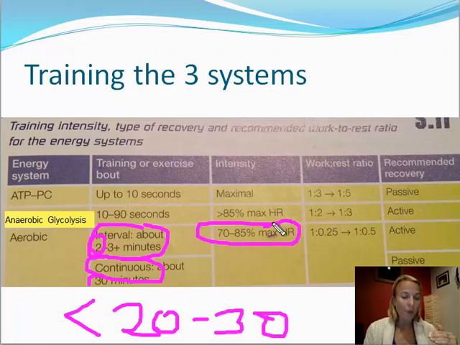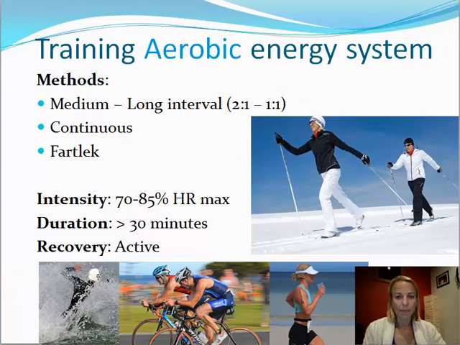The intensity is lower because it can't provide that faster rate. So 70 to 85% of your heart rate max, which is around, say, 130 beats per minute to about 160 beats per minute. And our work to rest ratio is about 1 to 1. It could be a 1 to 2, or it could be a 2 to 1. You could work more than you rest.